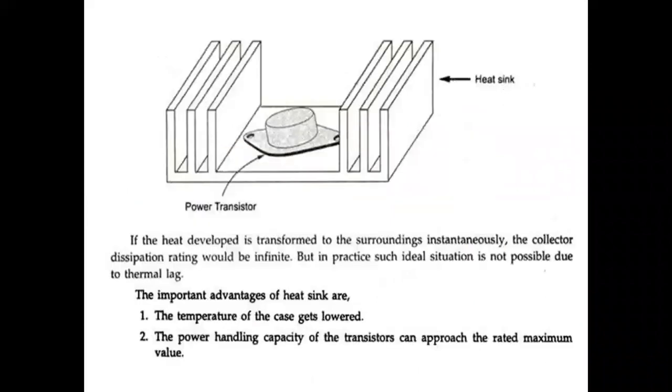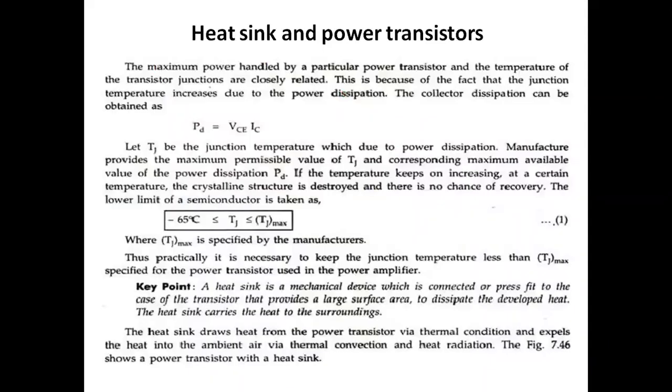Okay. So next, heat sink and power transistor. That is heat sinks for power transistors. Here the maximum power handled by a power transistor and the temperature of the transistor junctions are closely related.